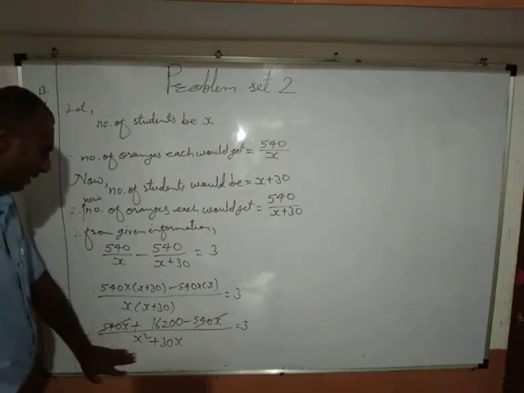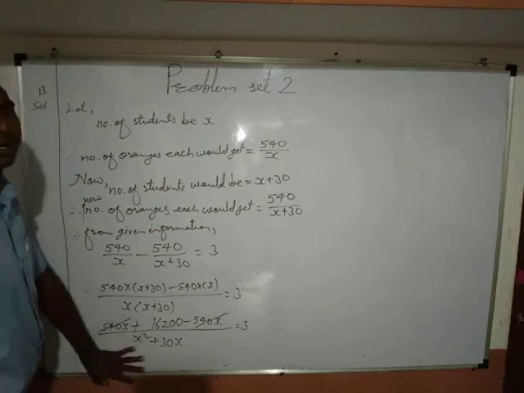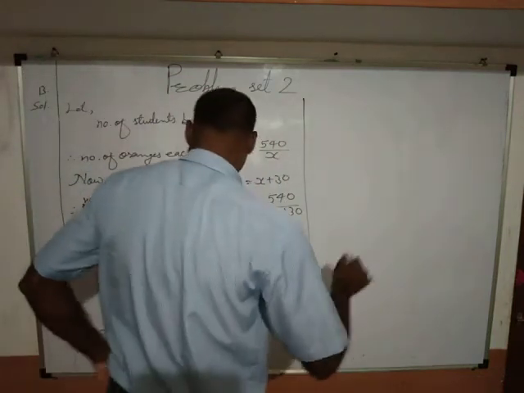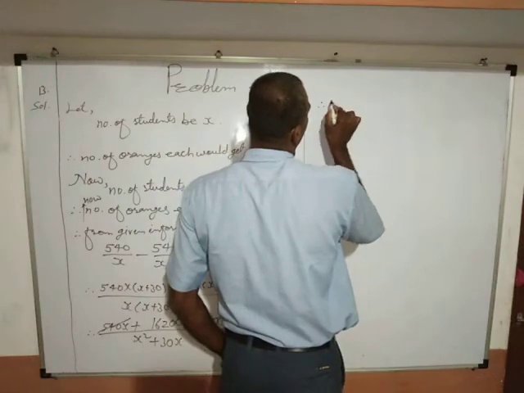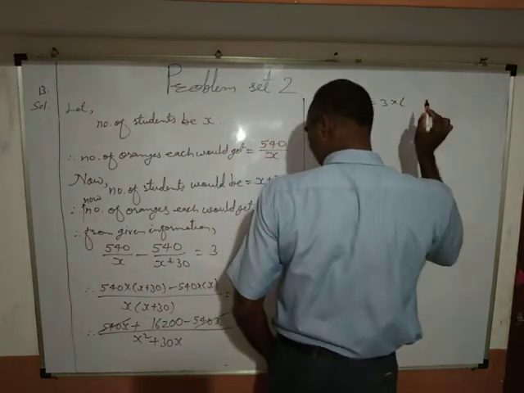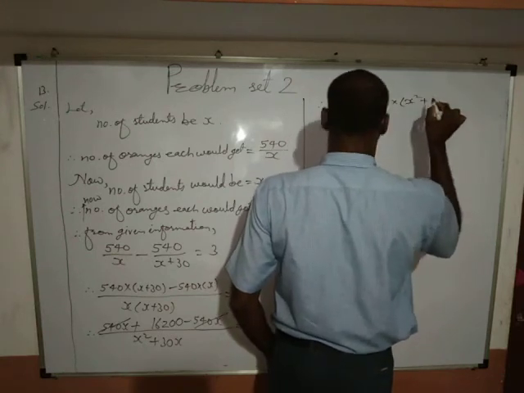Let's transfer x square plus 30x from denominator of left side towards right side. Okay, it gives us therefore 16,200 equals 3 into bracket x square plus 30x.